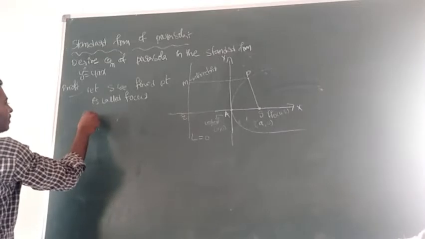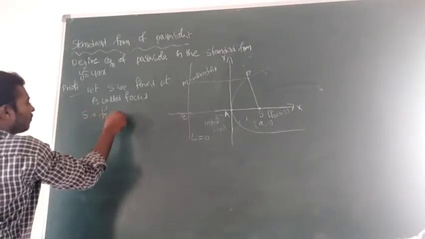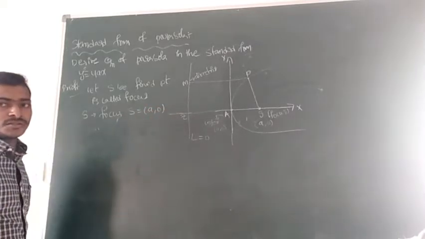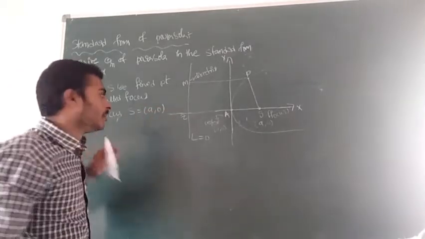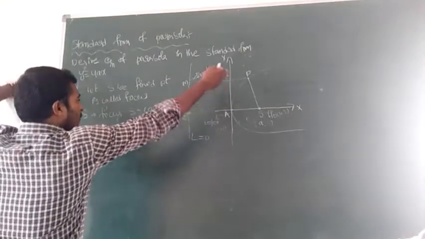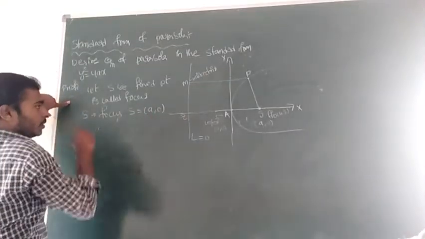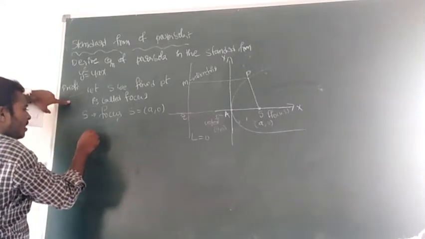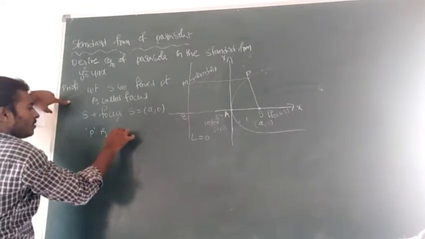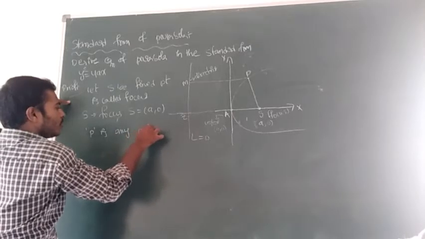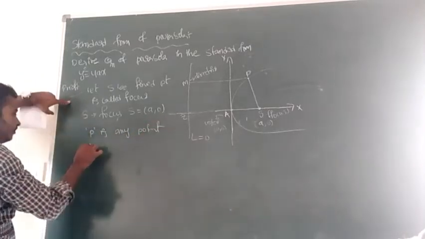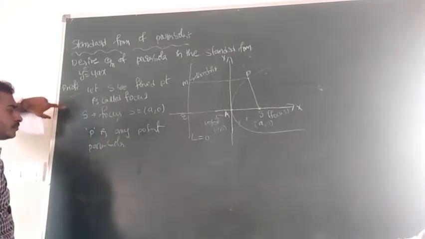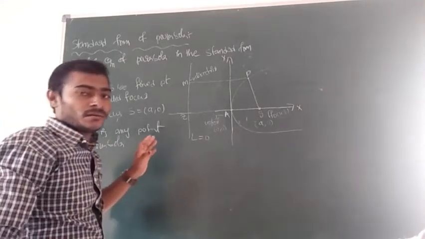So S is the focus, S equal to (a, 0). Another point is P, any point on the parabola.